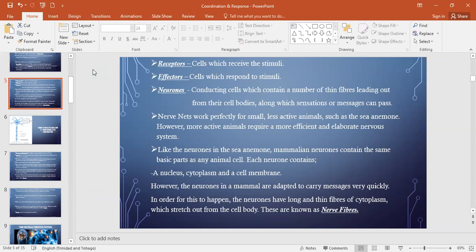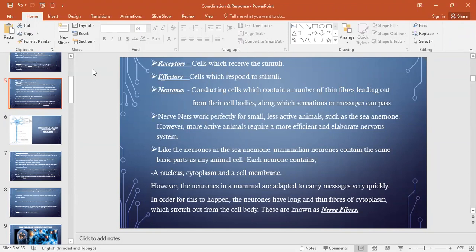So your effectors will respond. Think of it like that: you have to receive it first before you could produce some effect. When you touch a hot plate, you have to receive the extreme heat before you could begin to pull away. The action of you pulling away is caused by your effector cells.